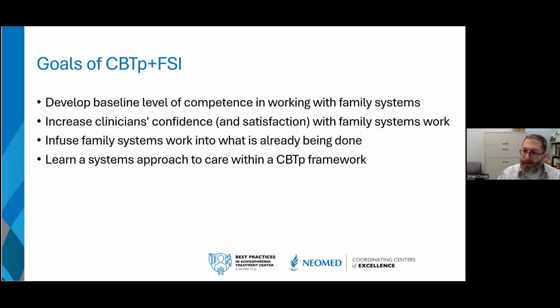But when you're working with multiple people in the room, there's multiple perspectives, and that can be a different thing to manage. And so through this program and through our work with families, we're just trying to help CBTP clinicians feel more confident, more comfortable, and to learn how to infuse or blend family systems, concepts, and interventions into their work.